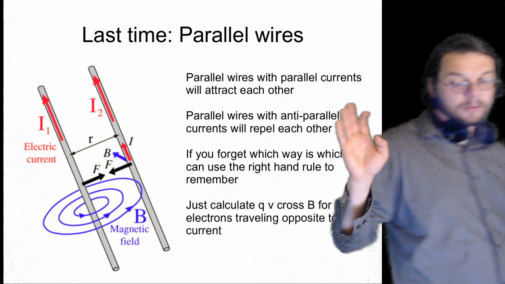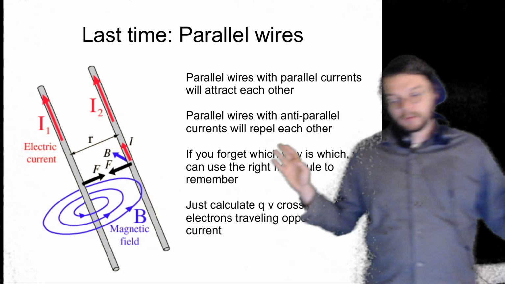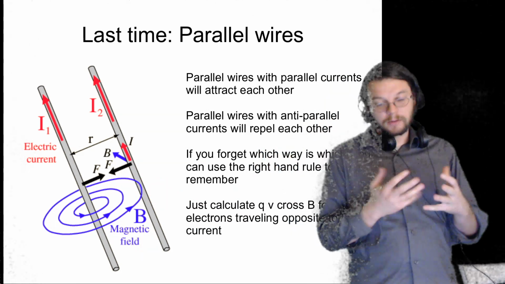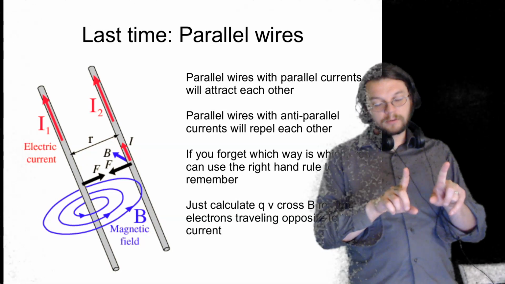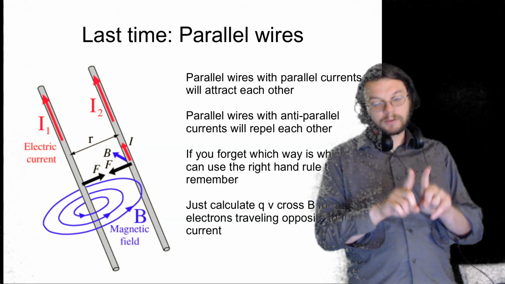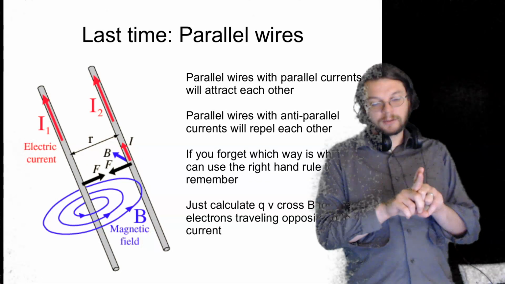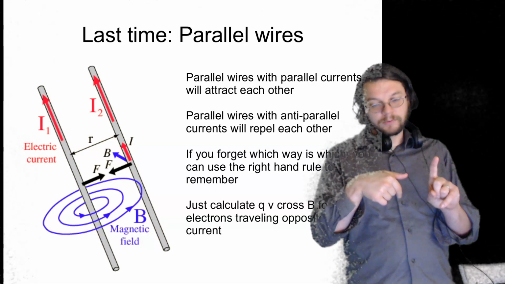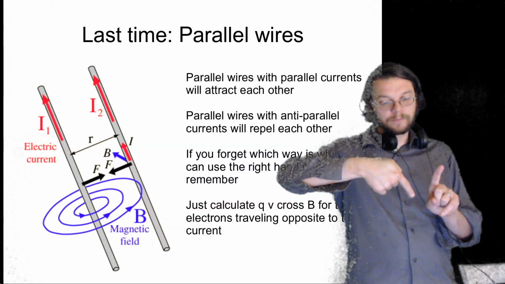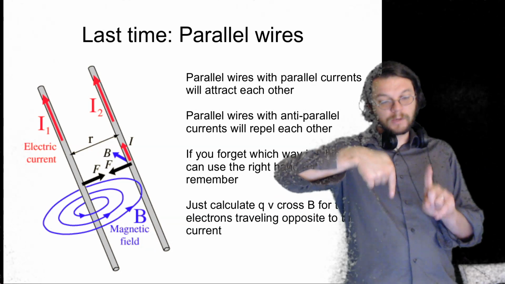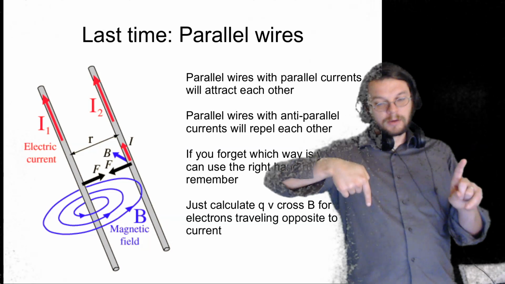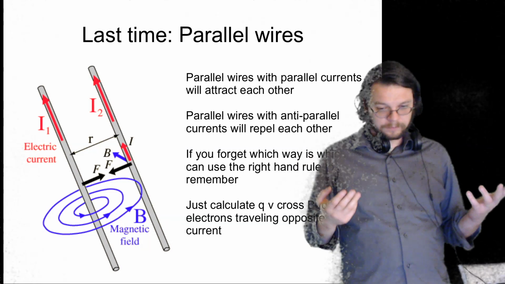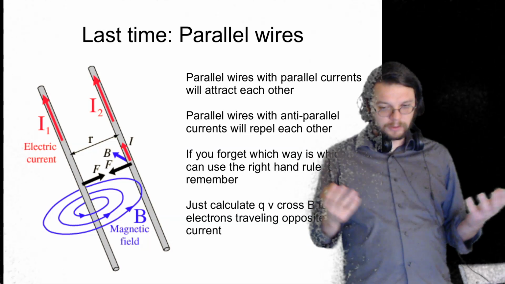And if you don't believe me, there's an actual video from the last lecture that's embedded in the PDF that shows that if you take two wires and drive current through them at the same time in the same direction, they will be attracted to each other. And if you drive current in the opposite direction, same wires, but the current in one is the opposite direction of the other one, it's going to drive them apart. Okay, so this is what we learned last time.